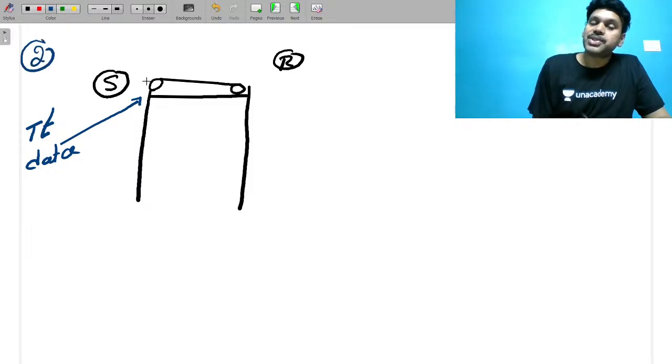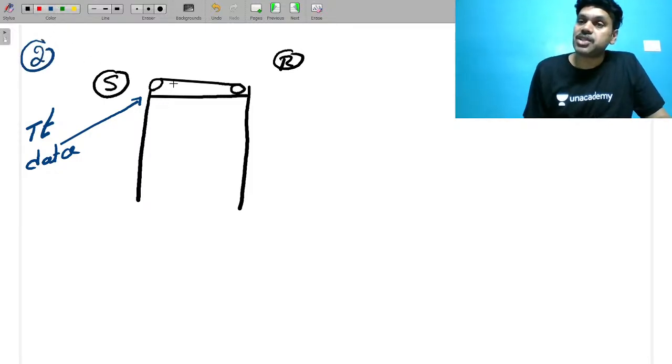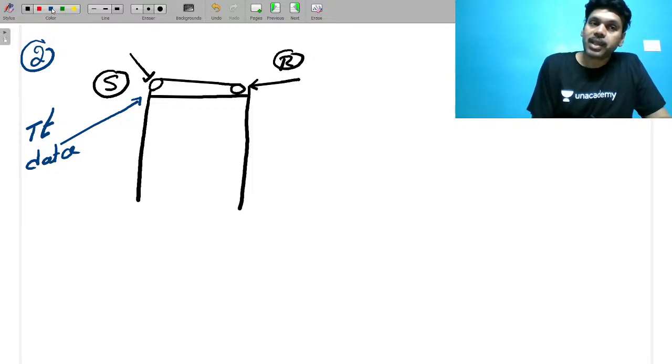And now this data has to make a physical journey from one end of the medium to the other end of the medium.